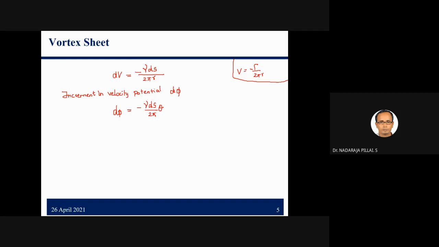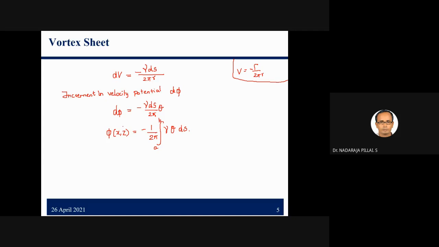So if one wants to have it for the entire vortex sheet, then we can have phi of x comma z is equal to minus 1 by 2 pi integral a to b gamma theta into ds, right?